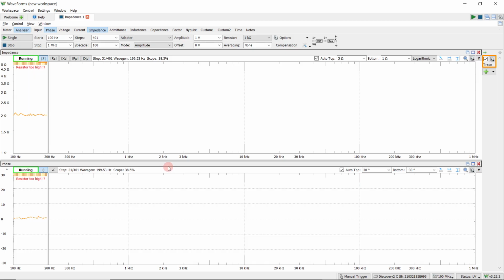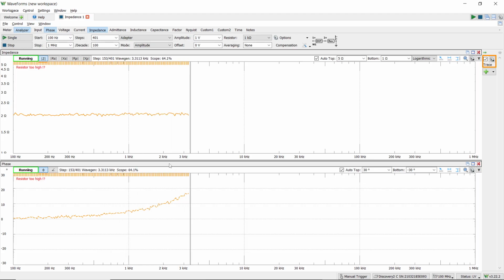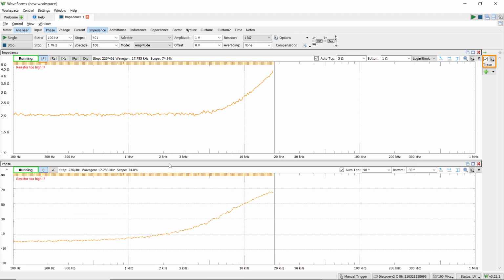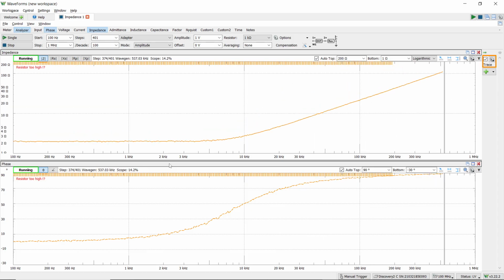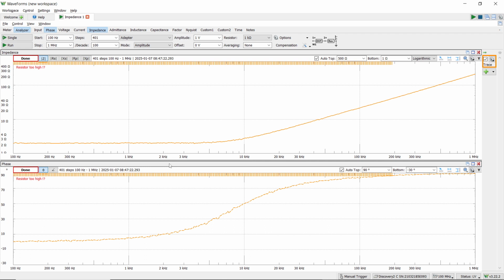And obviously it does not work. This is not some inductor. This is some resistor. Oh, no, maybe not. It is some inductor. So it is some inductor because here impedance is going up with frequency and we have a phase shift of 90 degree.